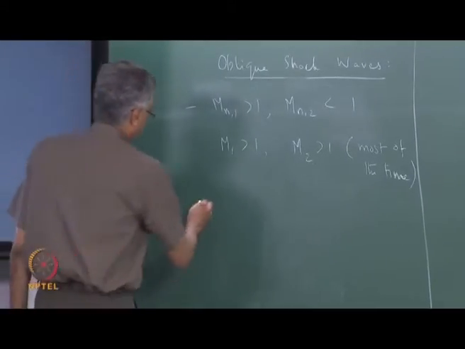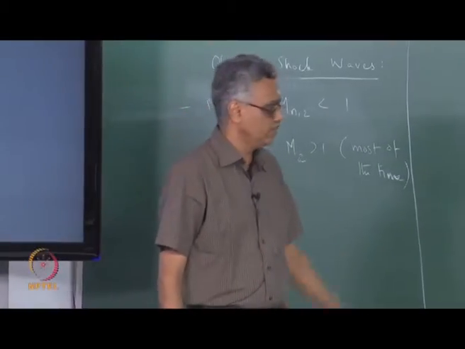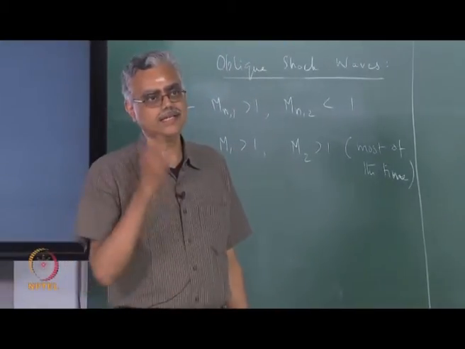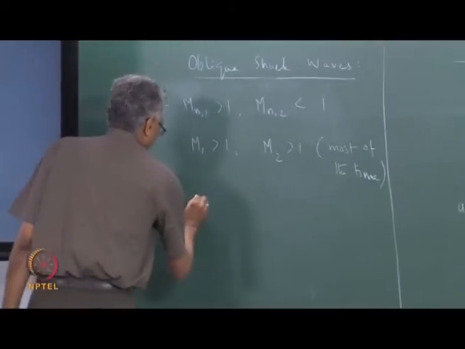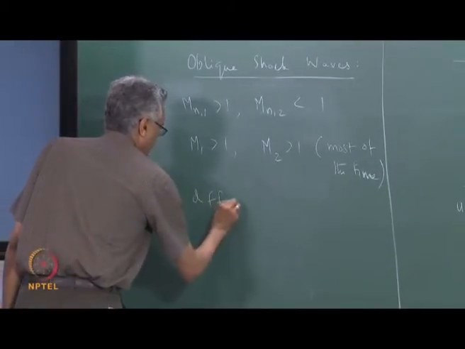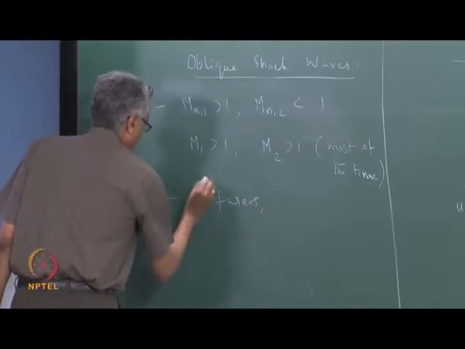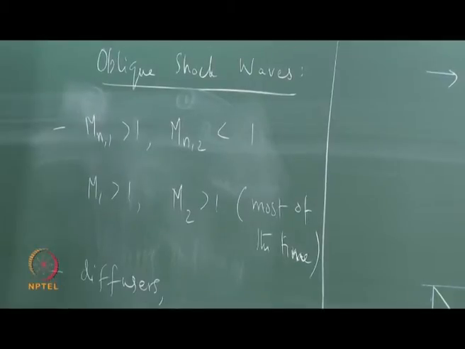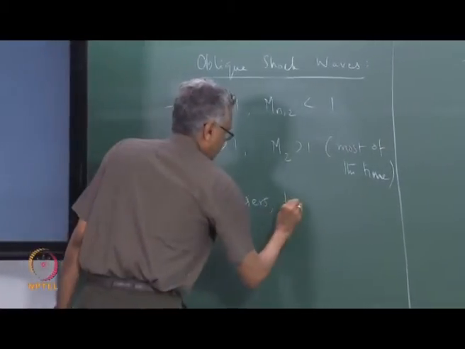So, where are oblique shocks used? Oblique shocks are very effective for decelerating and compressing a supersonic flow. So, they are used in diffusers and also turbomachinery blade passages. If you have a transonic stage where the stage handles mixed flows, then it is used in transonic stages also.